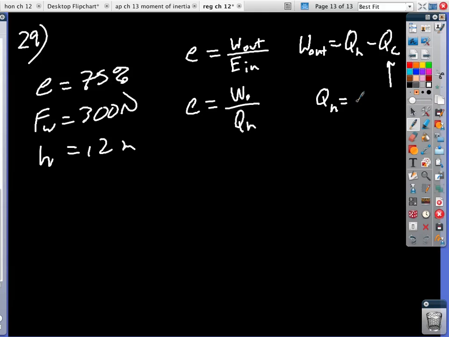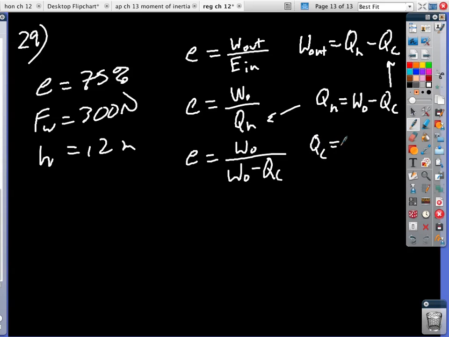QH is equal to WO minus QC, and then plug it in here. So we get WO over WO minus QC. And then we can solve this for QC. Right, so then we get QC is equal to WO over E.